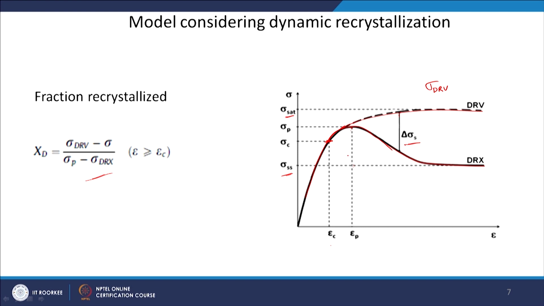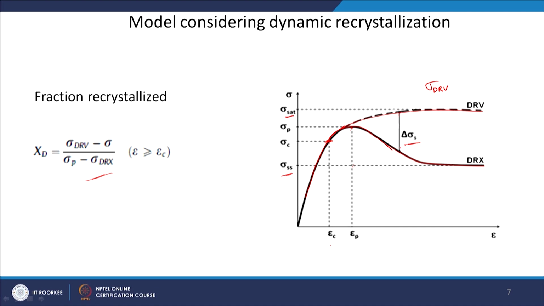So, sigma p minus sigma DRX is the drop because of the complete recrystallization in the material. Once it is recrystallized, it drops to that from sigma p. So, that is a total recrystallization. Sigma DRV minus whatever sigma you are at gives the fraction recrystallized.